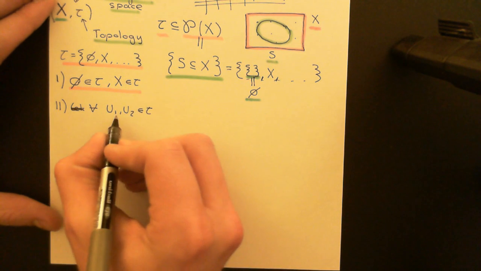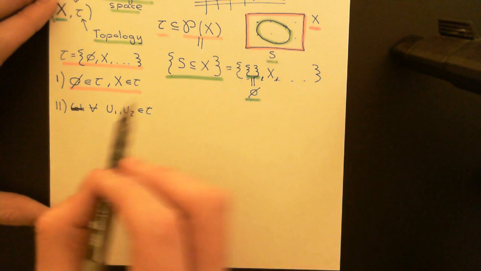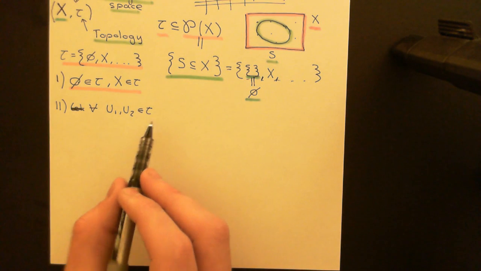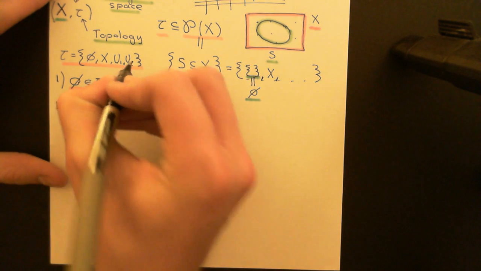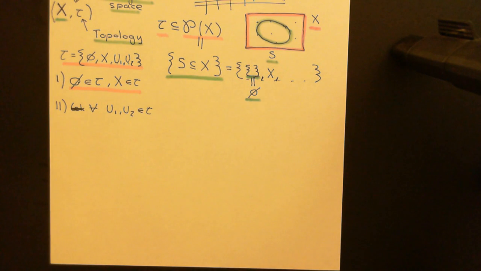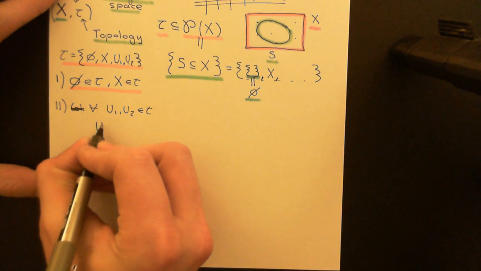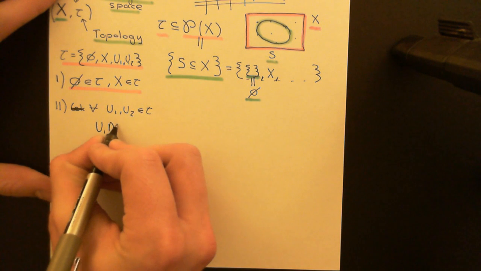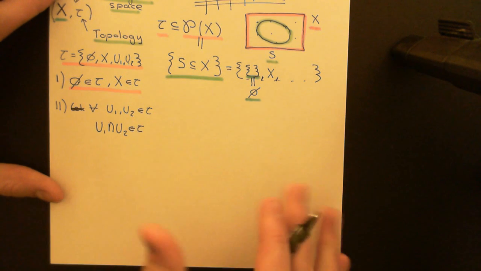So for all U1 and U2 that are elements of the topology tau, we insist that when we intersect those two subsets, U1 intersect U2, the intersection must be another element of the topology tau.